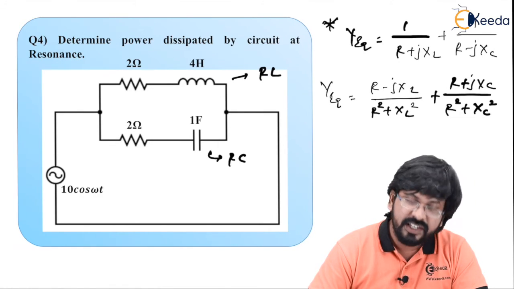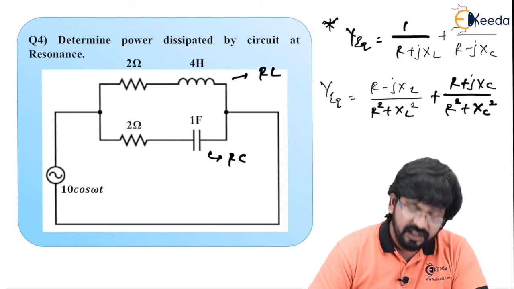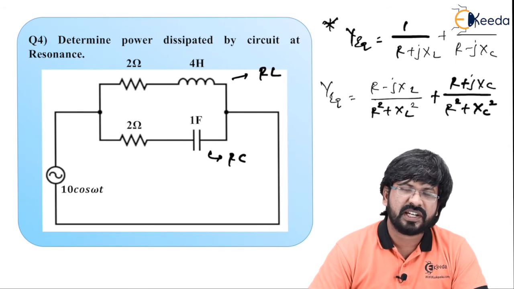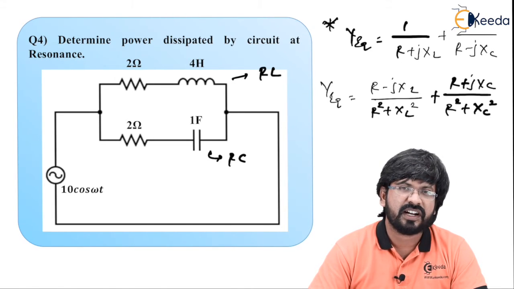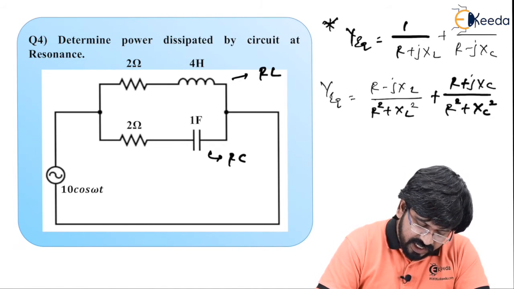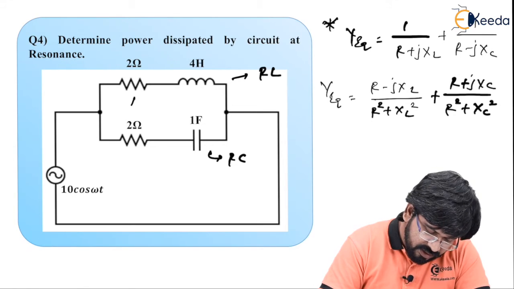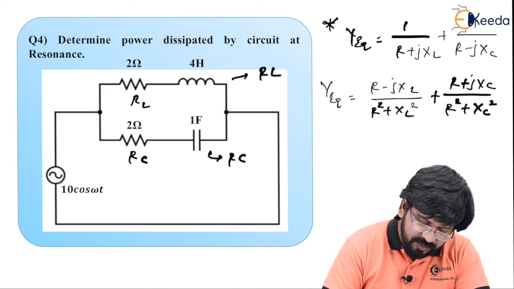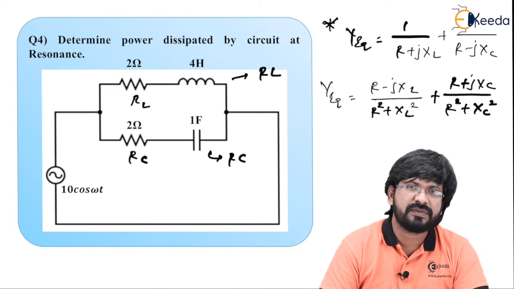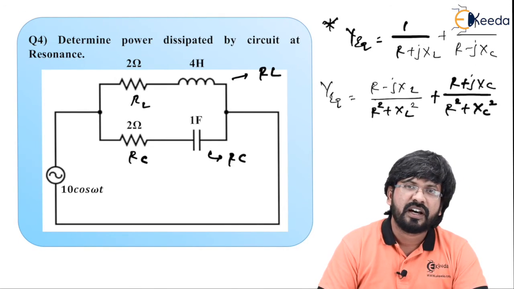We have already learned this kind of circuit. When RL is in parallel with RC circuit, it is considered as a standard RL circuit or standard RLC circuit. In standard RLC circuit, when R1, or we used to call them as RL and RC. RL means a resistor which is connected in series with the inductor, and RC is a resistor which is connected in series with capacitor.